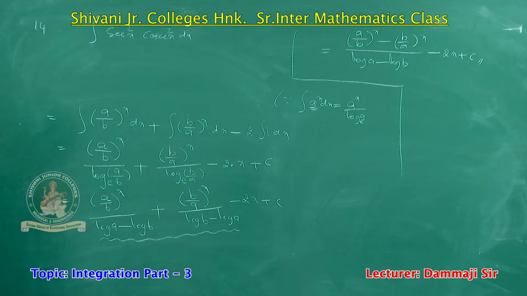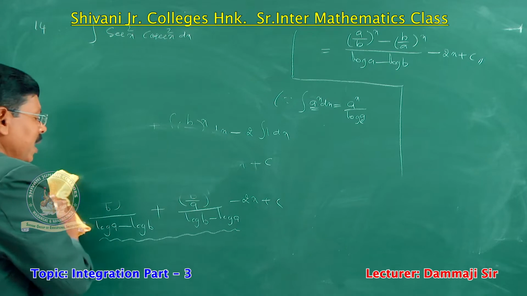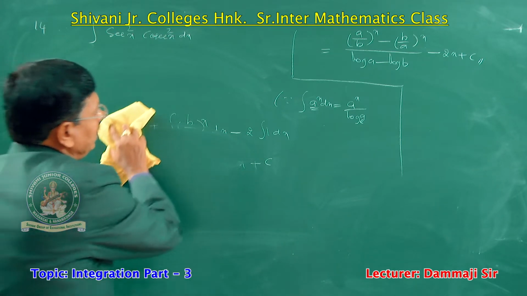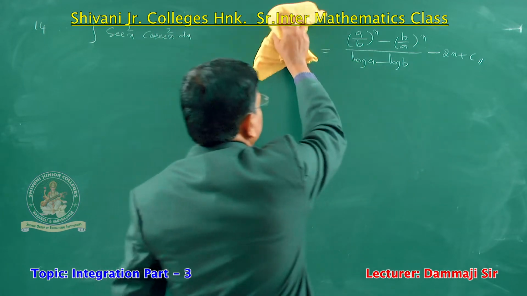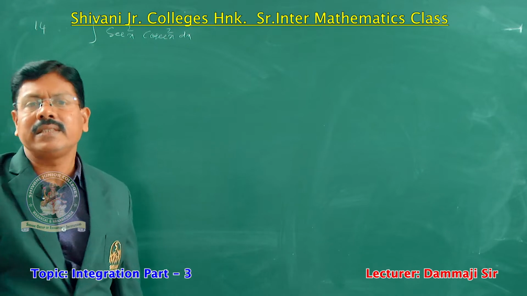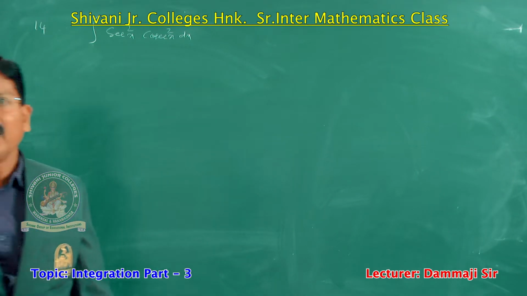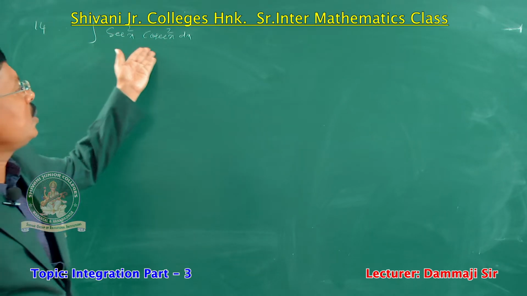Both terms belong to trigonometry. But always remember, you should develop the concept and the process: for every problem, is its related formula there or not? First, search for the suitable formula for the given problem.